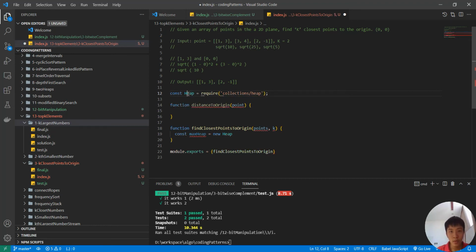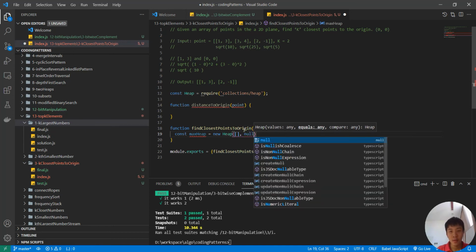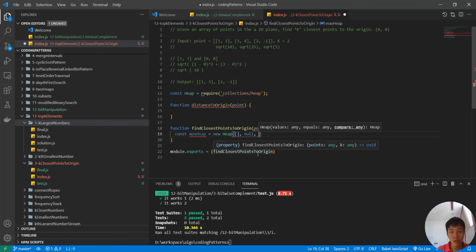Heap is a class, so we instantiate a heap, passing in an empty array initially, right? And the second argument will determine whether it is a min heap or max heap.